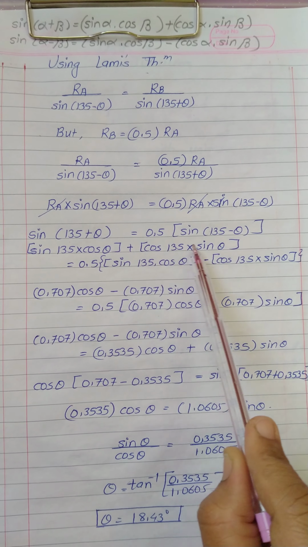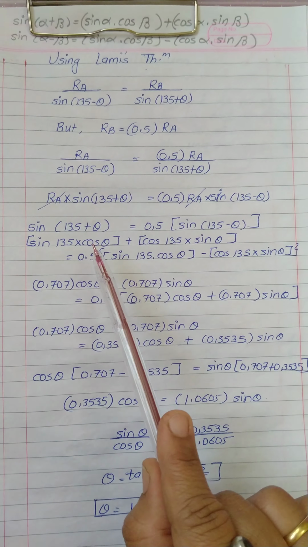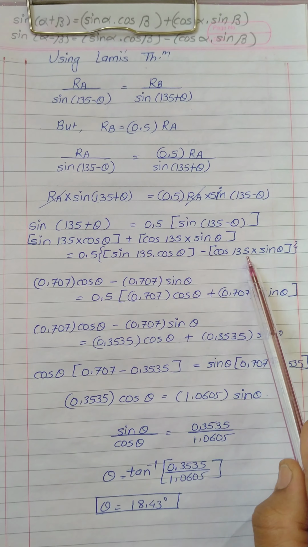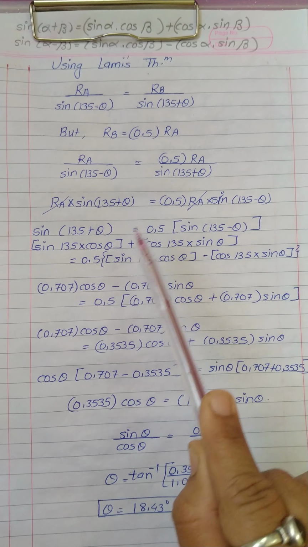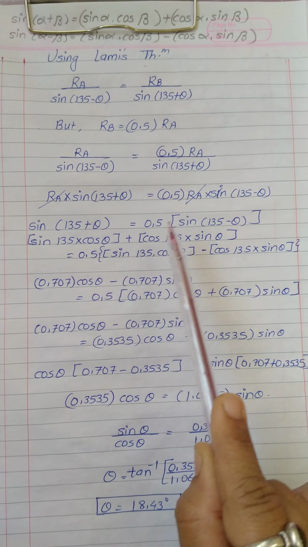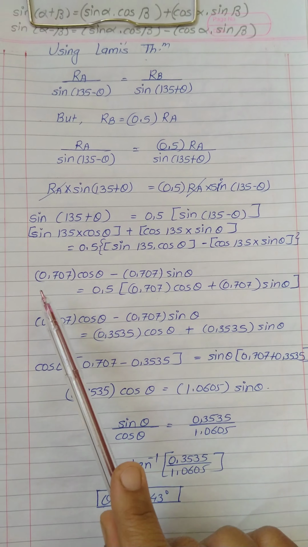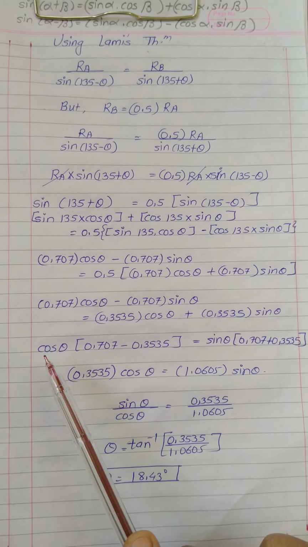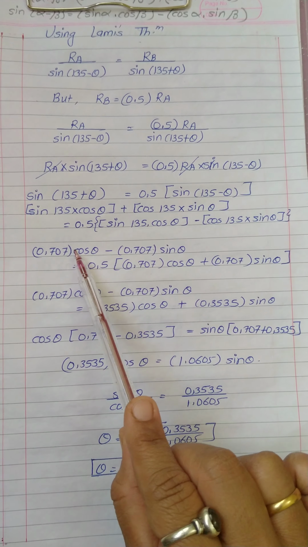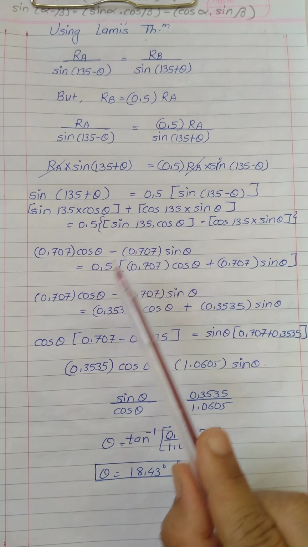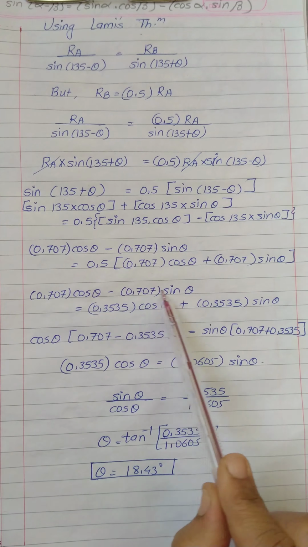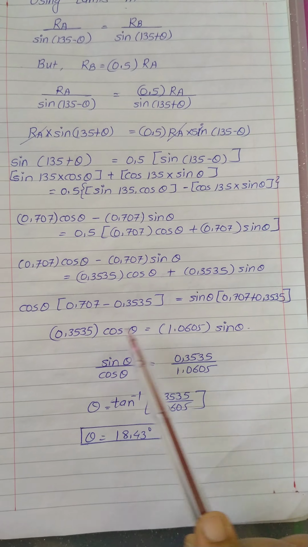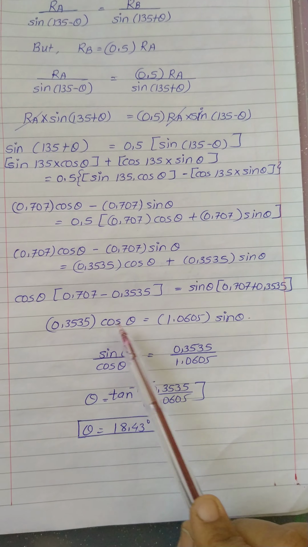By using this trigonometry equation, as you substitute these values, you have to consider 0.5 on the outer side of this value. Now by solving this you will get one equation in the form of cos theta and sin theta. So take cos theta terms on one side and sin theta terms on the other side.